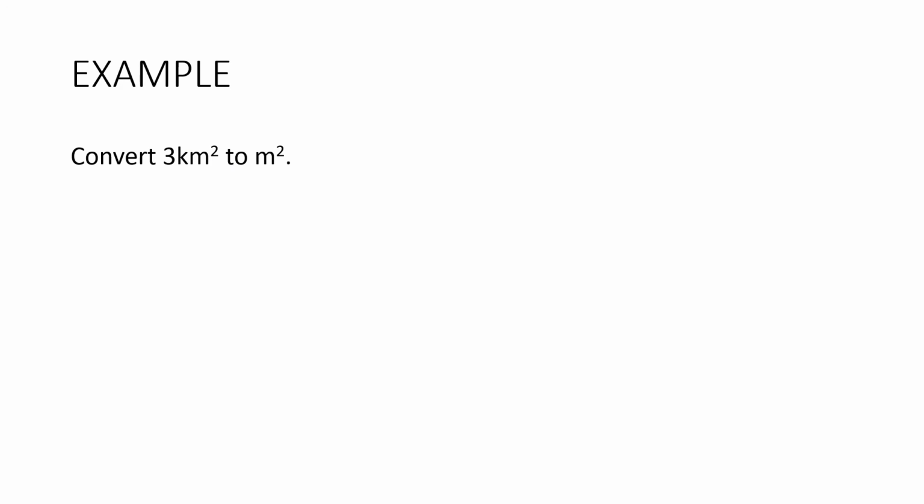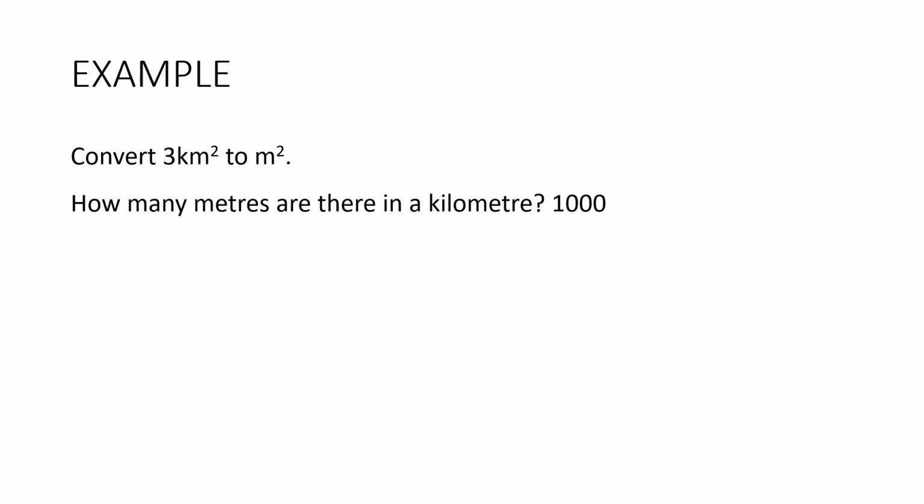Here's our first example. Convert 3 kilometres squared to metres squared. So our first step is to work out the conversion factor. How many metres are there in a kilometre? Well, there's 1,000. Our second step is to work out whether we're going to multiply or divide. So we want to go from kilometres squared, which are really big things, into metres squared, which are smaller things.